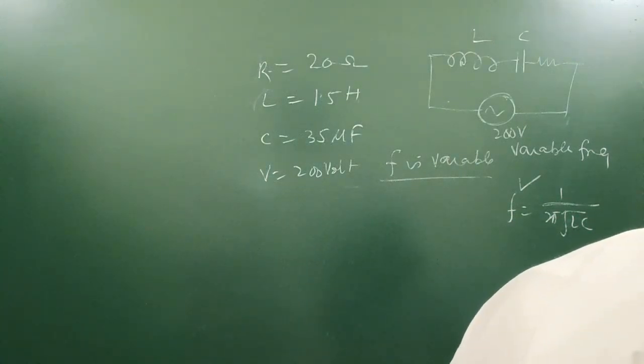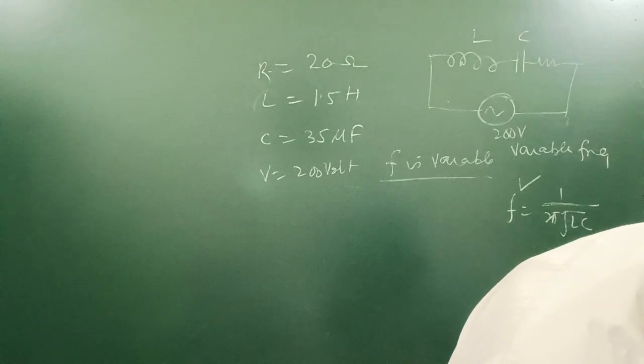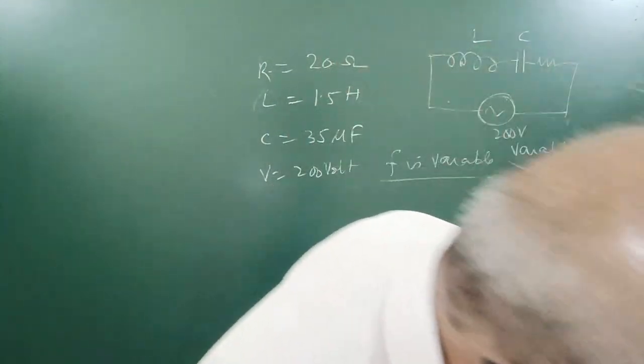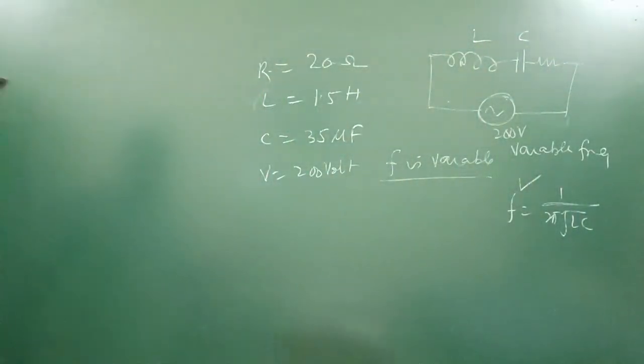So here you are asked: when the frequency of supply is equal to the natural frequency of the circuit, what is the average power transferred in one complete cycle?